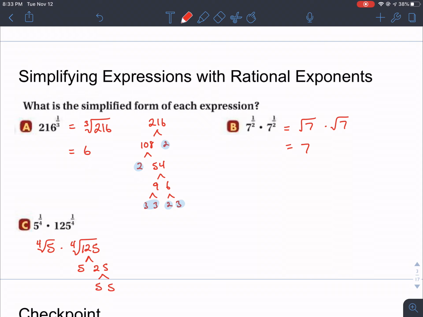So this is really just the fourth root of 5 times 5 times 5 times 5. And of course we have four 5s here, so we can just call this 5. Where do we get the four 5s, you're probably asking? 1 five, 2 fives, 3 fives, 4 fives. That's where we're getting our four 5s from.